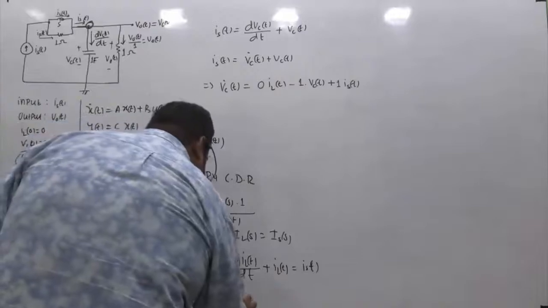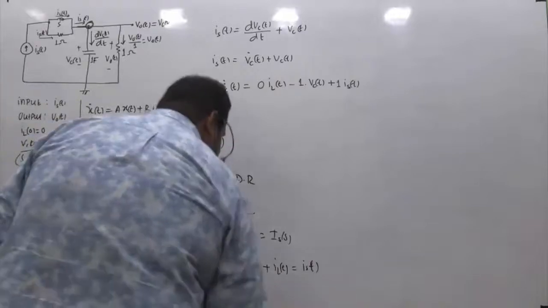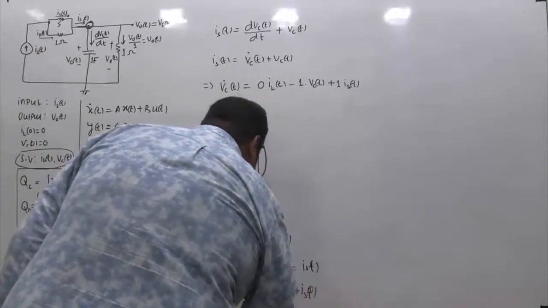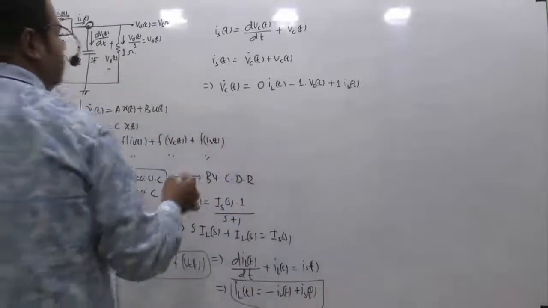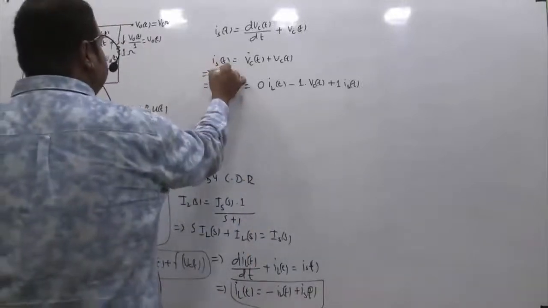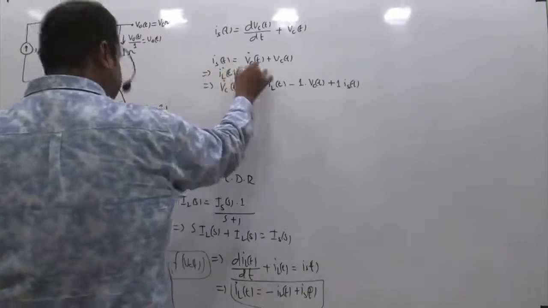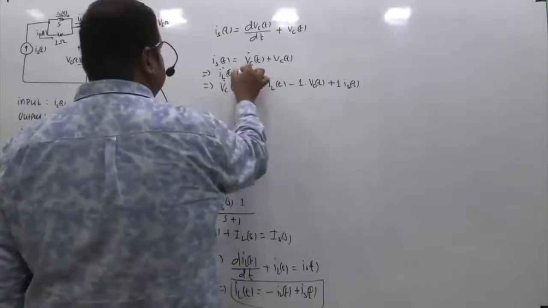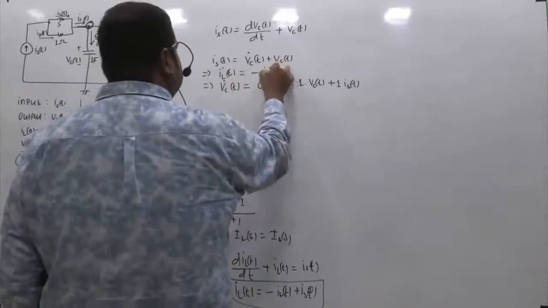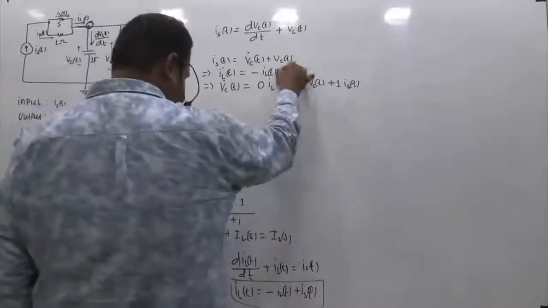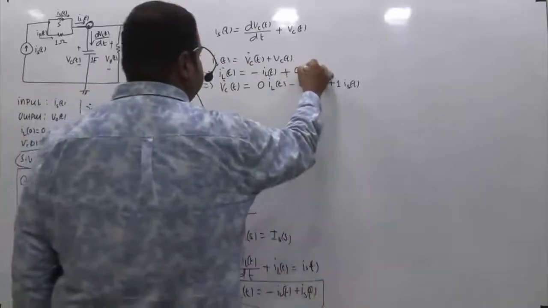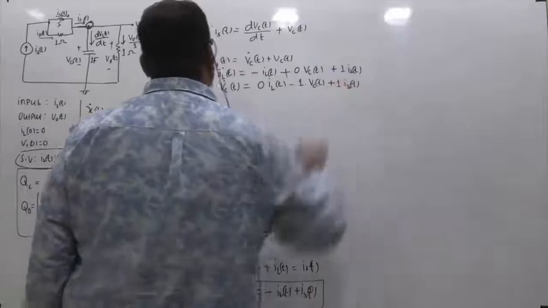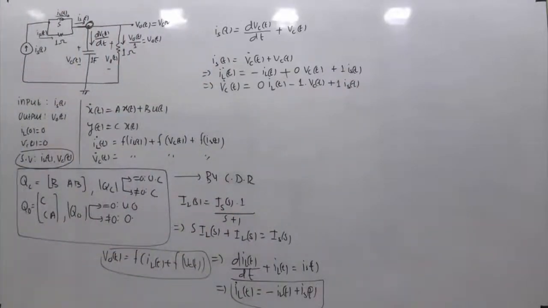So this is equivalent to IL dot t equals minus IL of t plus Is of t. If you rewrite these equations, IL dot t equals minus 1 into IL of t plus, because there is no Vc term, 0 into Vc of t, and again plus 1 into Is of t.